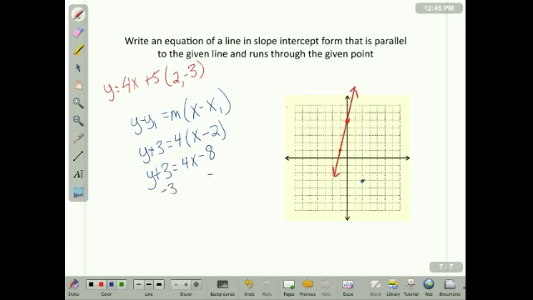I subtract my 3 to get y by itself. And my y-intercept is at a positive 4. And my y-intercept is at a negative 11.